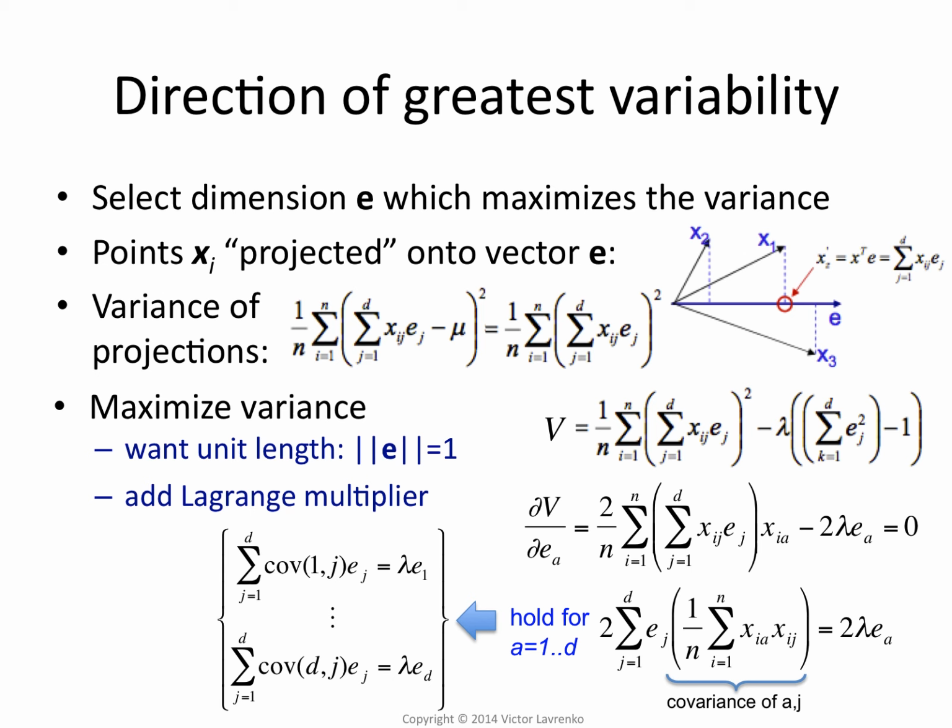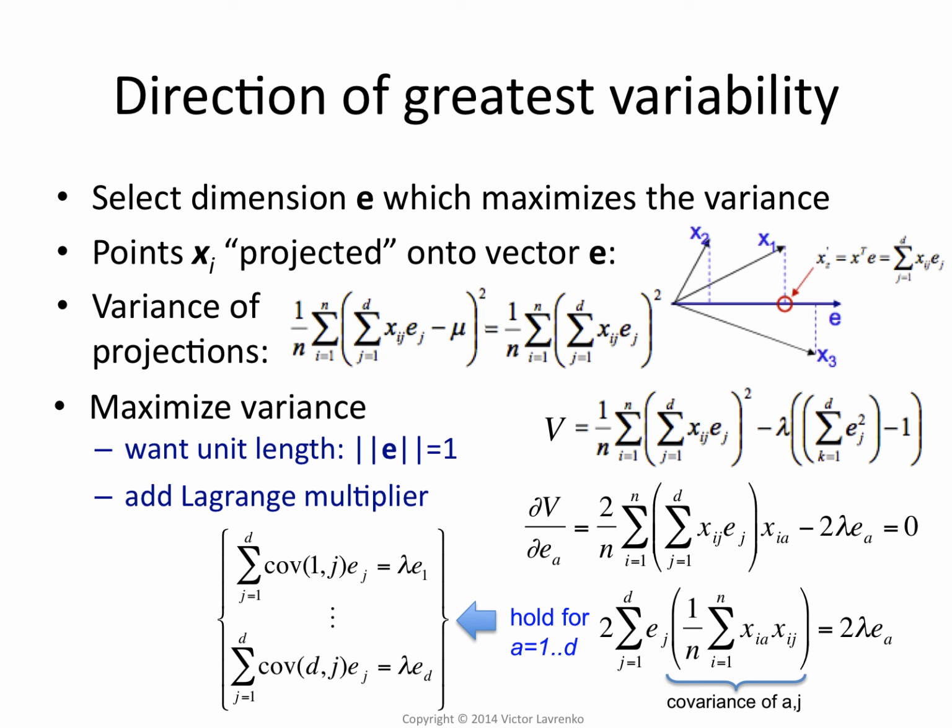What I'm doing is just repeating this equation, but replacing A with numbers from 1 down to D. And now you look at that, you stare at it for a while, and you realize that this is a dot product. I'm taking a row where each element is the covariance of attribute 1 with attribute J, so a row of covariances, and I'm multiplying it by my vector E. So it's just a dot product between some row of covariances and the vector E. In fact, it's not just some row, it's the first row of the covariance matrix.